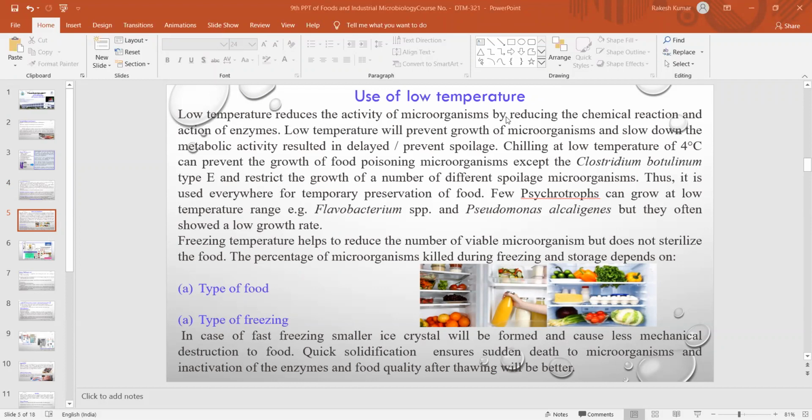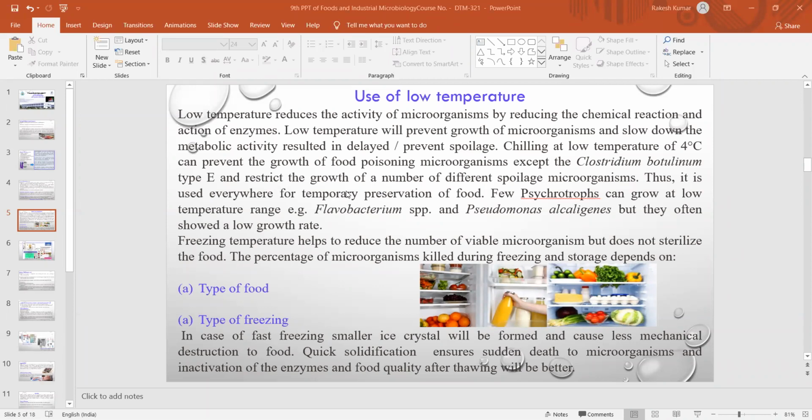Low temperature will prevent growth of microorganisms and slow down metabolic activity, resulting in delaying or preventing spoilage. Chilling at a low temperature of 4 degrees centigrade can prevent the growth of food poisoning microorganisms except Clostridium botulinum type E, and restrict the growth of a number of different spoilage microorganisms.